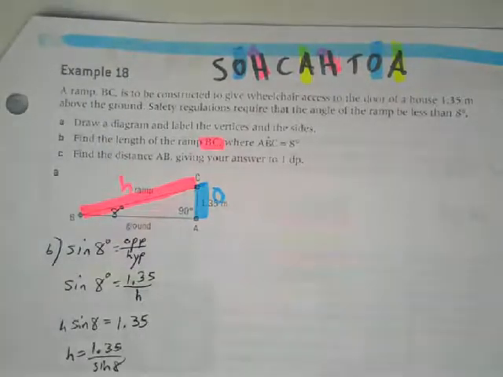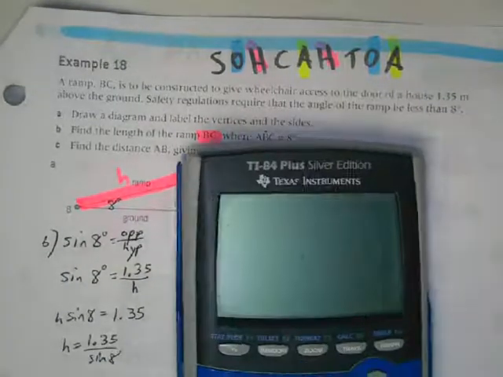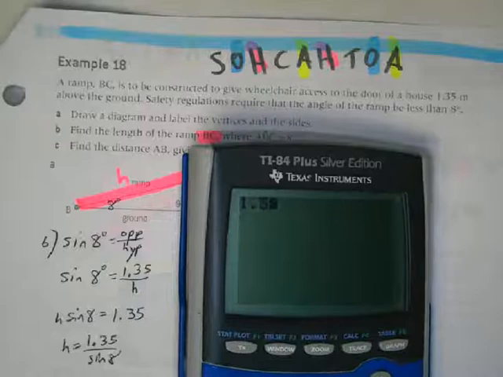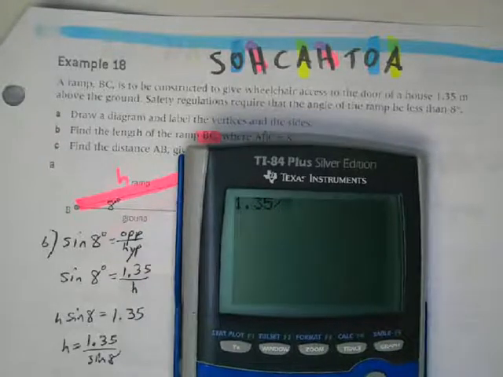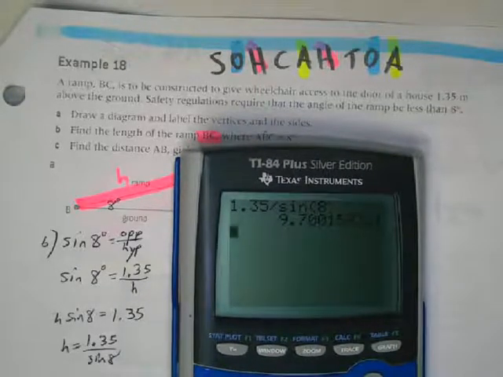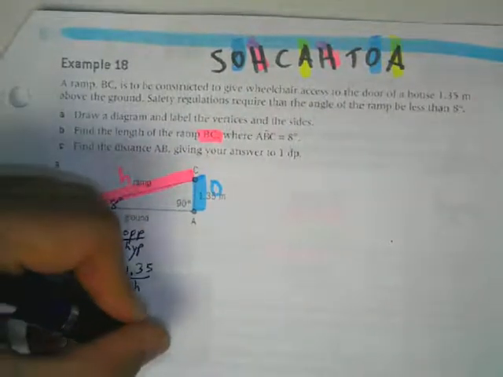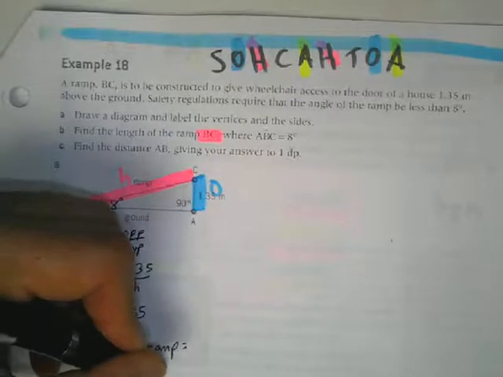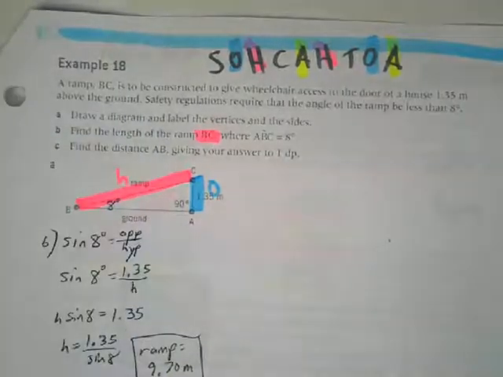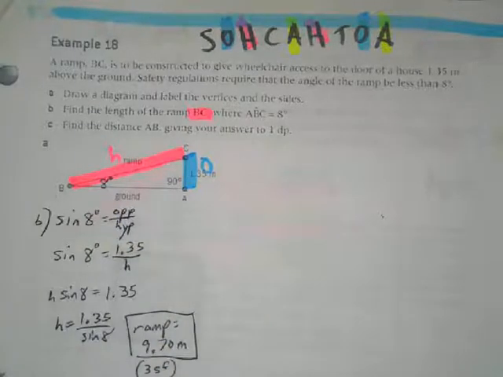Then I get out my calculator: 1.35 divided by sine of 8 degrees, and we get 9.70 meters. I'm leaving my answer in 3 significant figures. Don't forget to do that on the IB test.